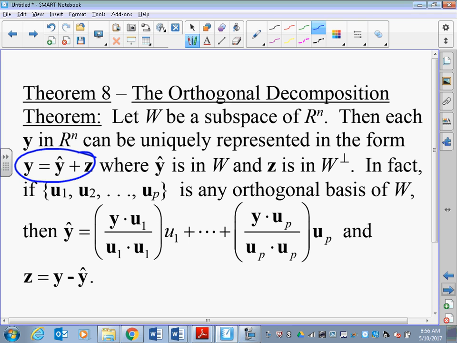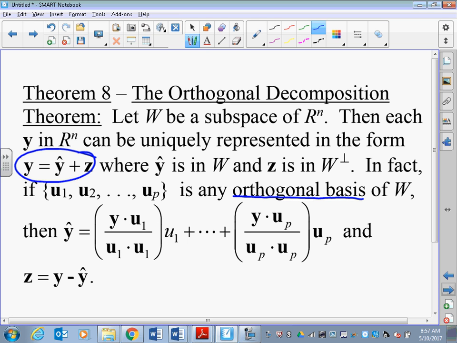Y hat plus z, where y hat is in W and z is perpendicular to it. Okay? So if we have an orthogonal basis of W, which we're starting off with in this case, and then we'll make it harder in the next section. So y hat is just going to be the sum of all those scalars dealing with y.